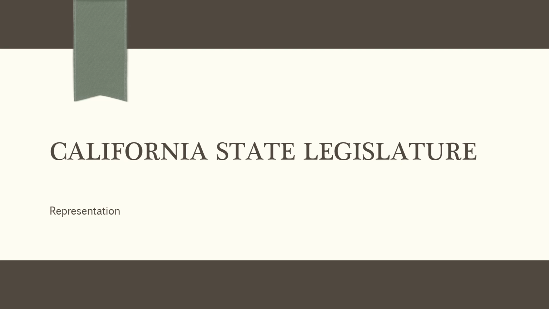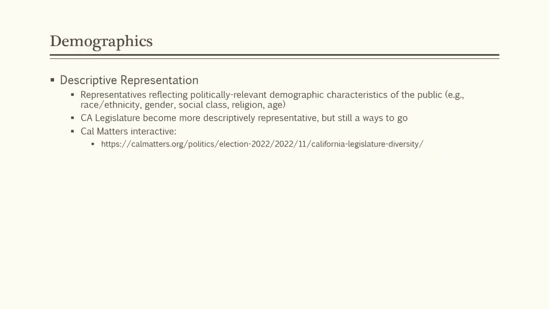And we're going to finish up our consideration of the California state legislature with just a little bit of detail on representation. So you're probably already pretty familiar with one aspect of representation, something political scientists sometimes call substantive representation, which is the idea that people who are elected by the citizenry reflect the political interests of the people who have elected them.